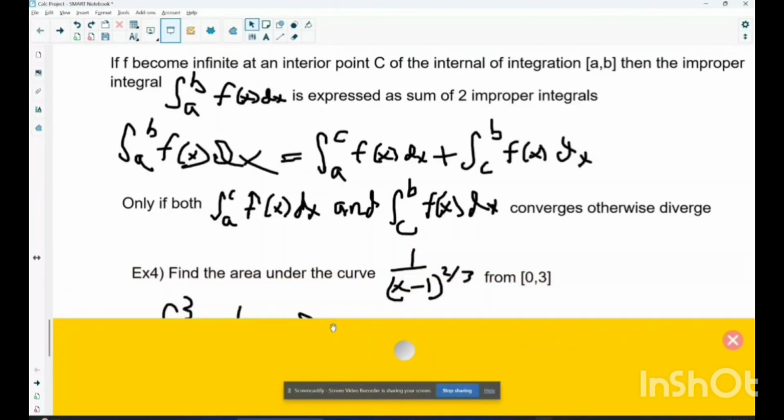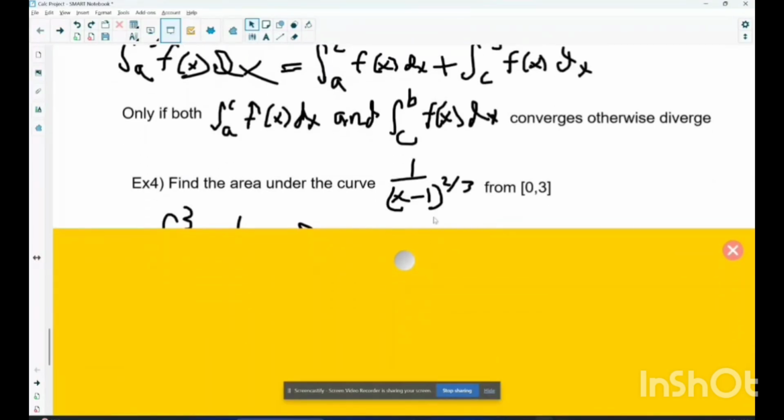This is our last example. This is an example of finding the area under the curve. If you notice, there's going to be discontinuity at an interior point, which is going to be 1. So you're going to have to take the limit as you approach 1 from the left and the right and add those limits of integration.